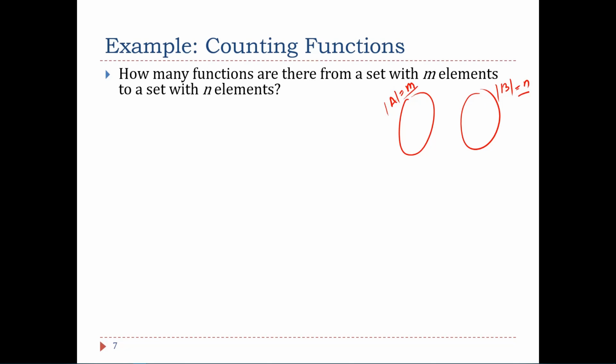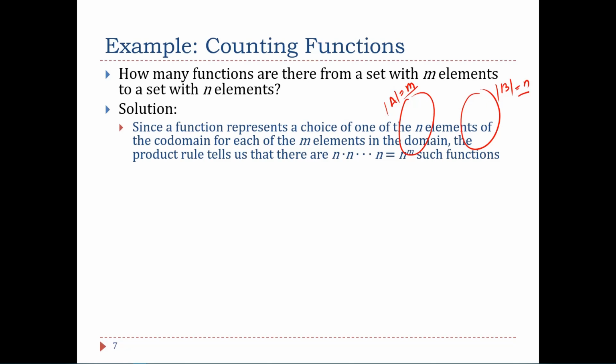So to think about the number of possible functions that you can create from A to B, we know that for a mapping f to be a function, it has to associate every single one of the m elements of A, of the domain, to one of the elements of the codomain.